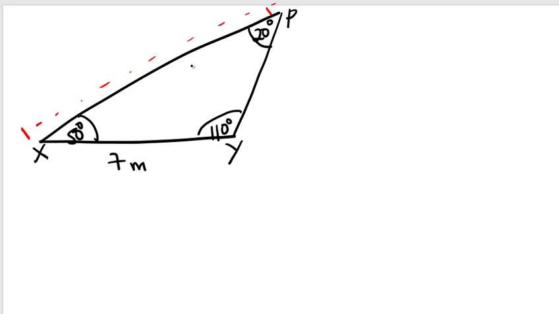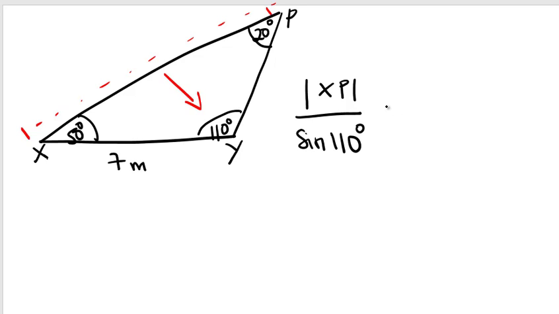For the sine rule, in this case, it's going to be the length of side XP over sine of the angle that is opposite to the side XP. In this case, the angle opposite to side XP is this angle, that is 110 degrees. So sine 110 degrees.